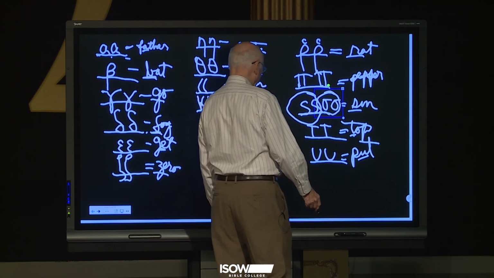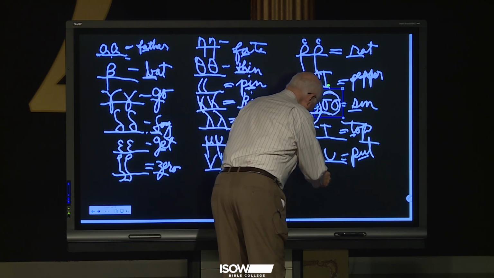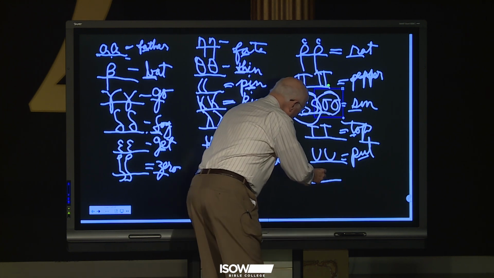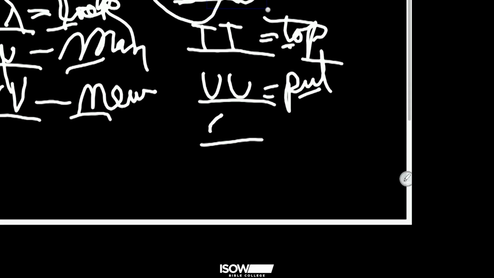The next letter is the phi. Usually what I do, I just draw a circle and I put a straight line through it. That's the phi. Some will form it like this and come down like that and not pick up the marker.